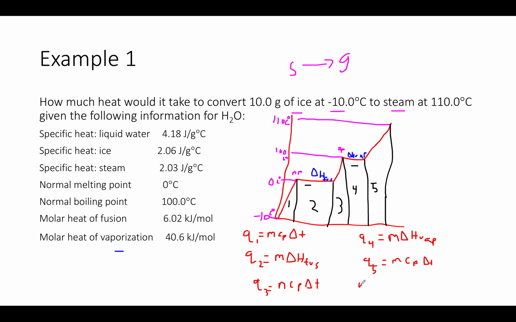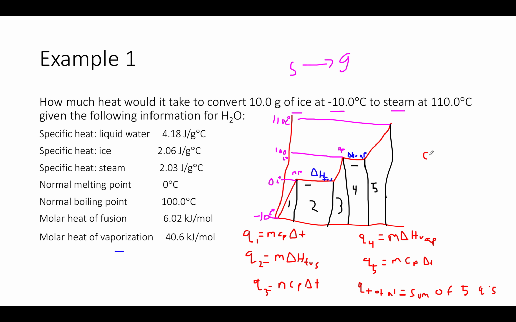Q total, which is what we're looking for, will be the sum of our 5 Q's. So if you mess up on one of the Q's, then your answer will be wrong. So you got to be really careful here.